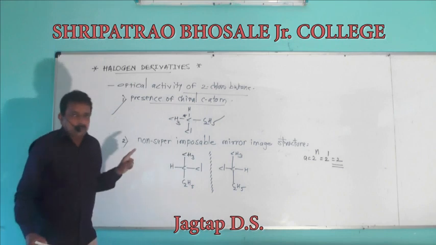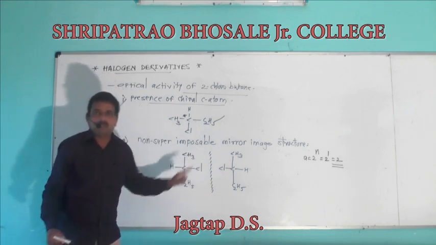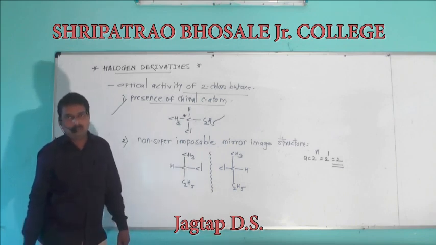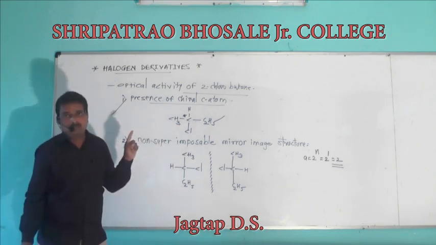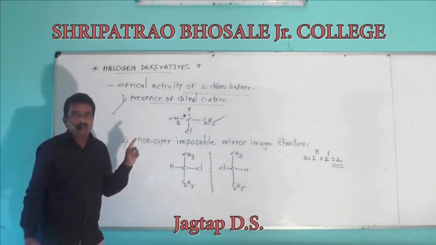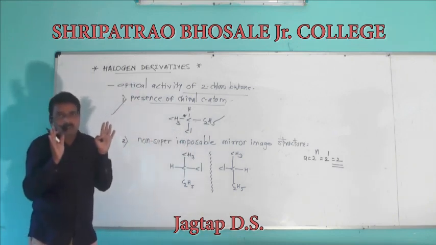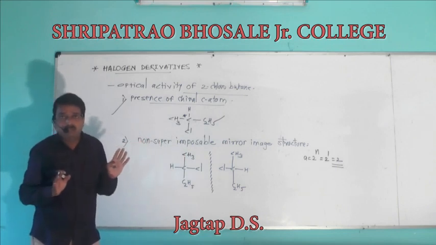These two optical isomers, these two enantiomers, have the same molecular formula and the same structural formula, but they are mirror images of each other and have opposite action on plane polarized light.